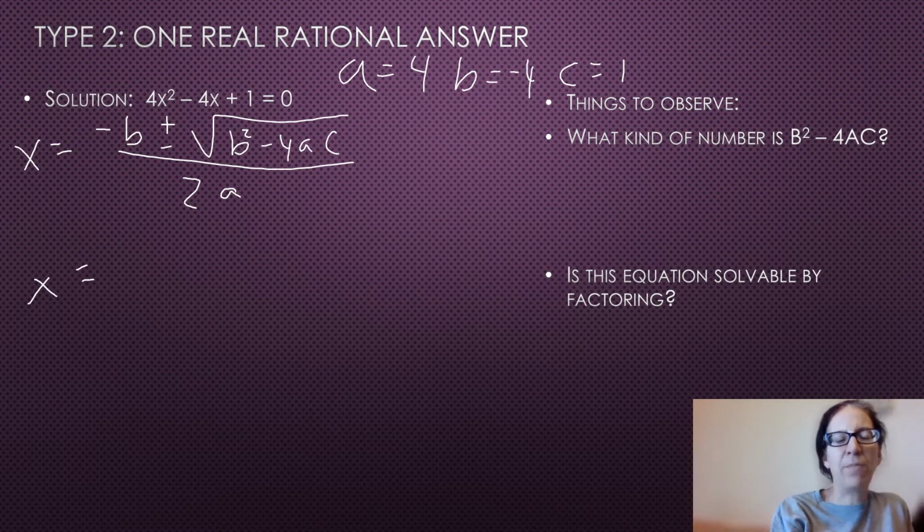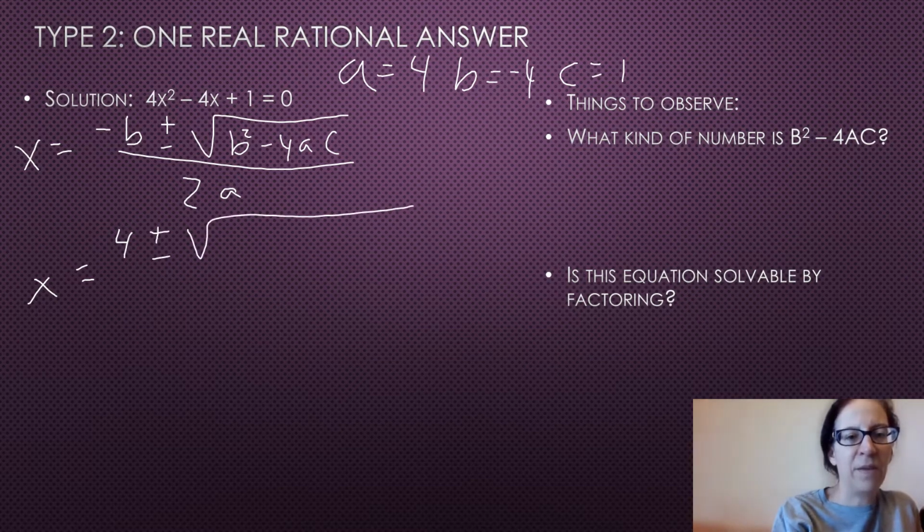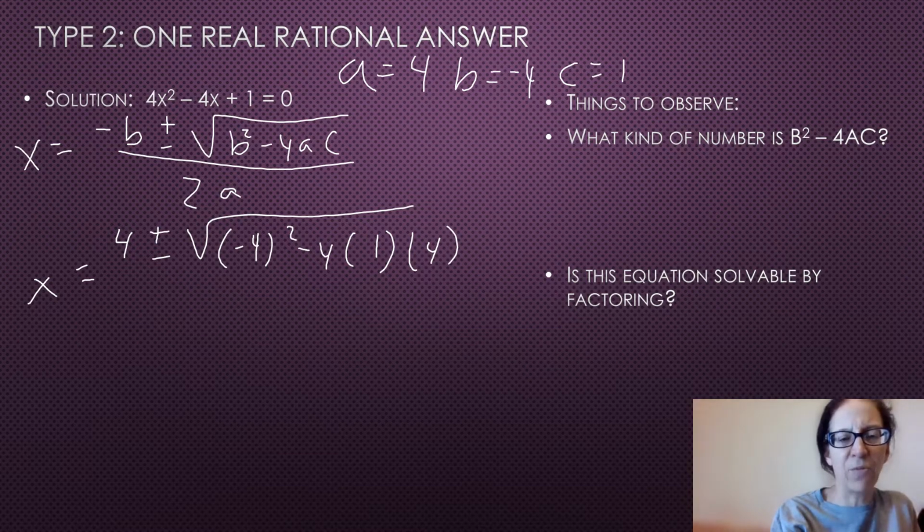The opposite of b is -4, so the opposite of -4 is +4. And then we have -4 squared minus 4 times 4 times 1 all over 2 times 4. I did that in the wrong order, but it doesn't matter.